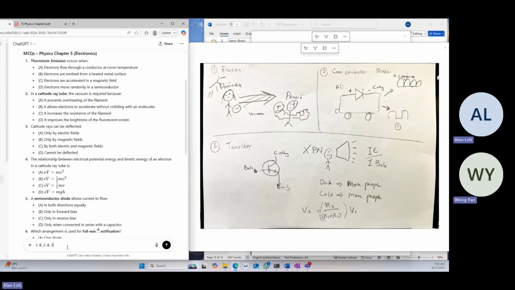Third one, cathode ray is still the first drawer. Reflected. Third one is C, by both electric and magnetic fields, I think. Oh, this one is the formula, eV equals 1/2 mv squared. This one is B.